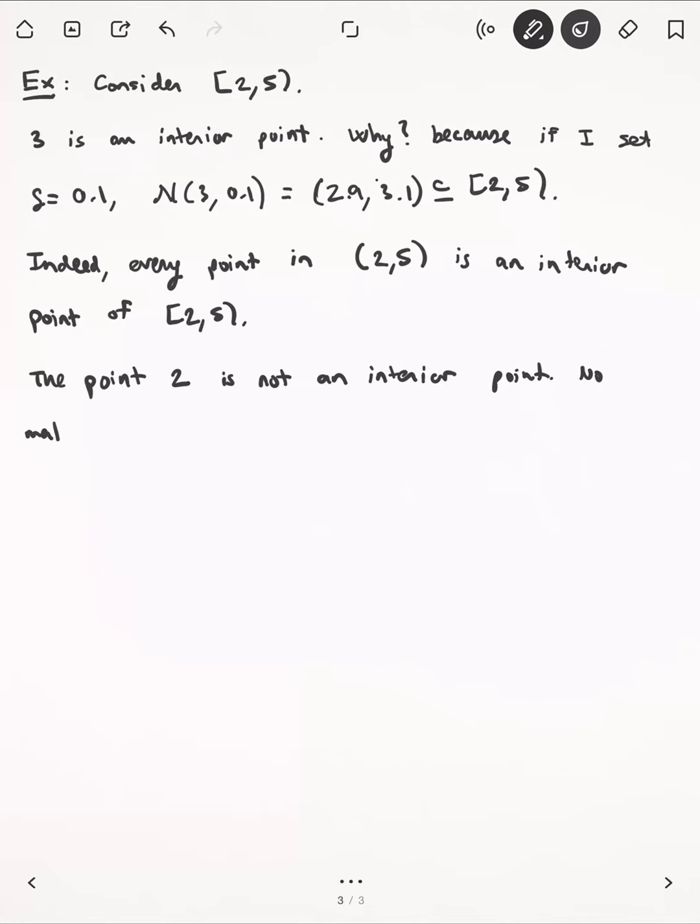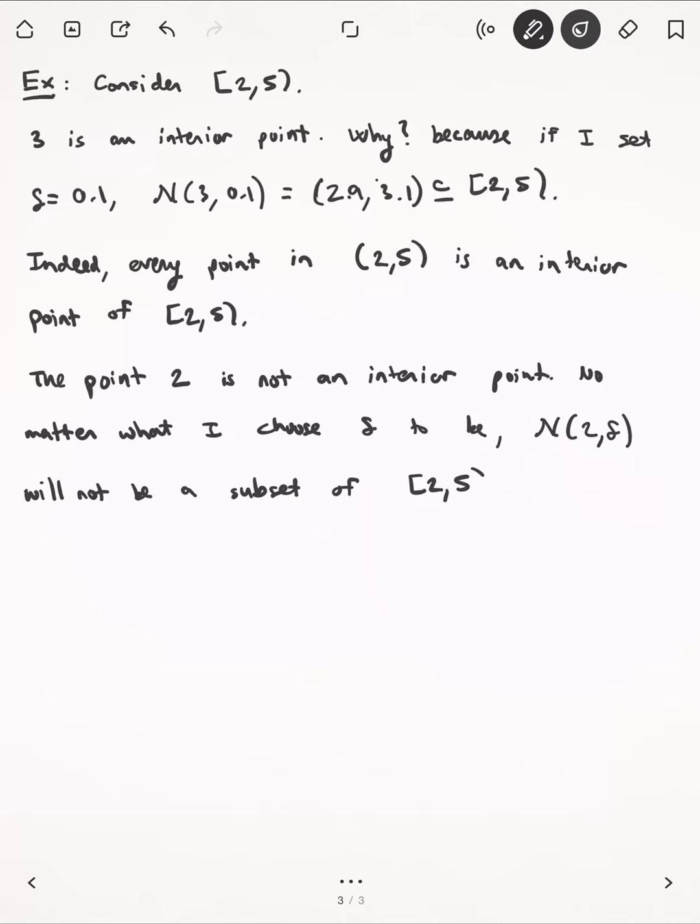No matter what I choose delta to be, the delta neighborhood around 2 will not be a subset of [2, 5). Okay.